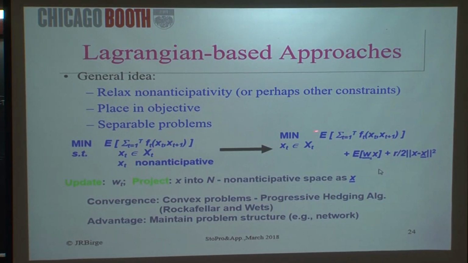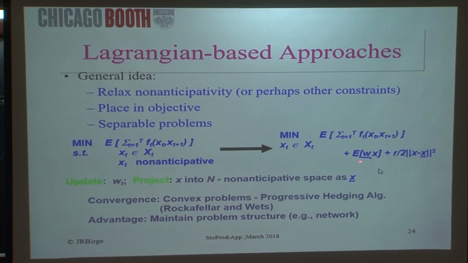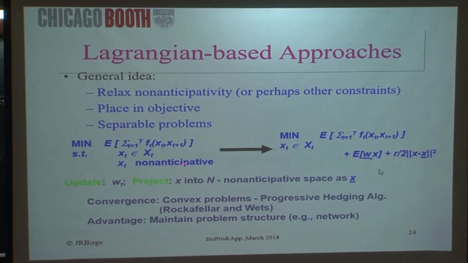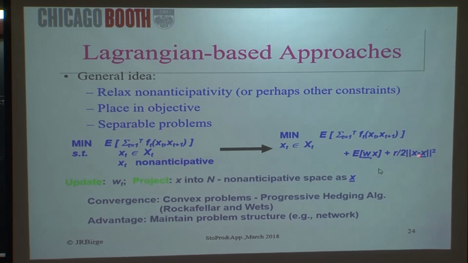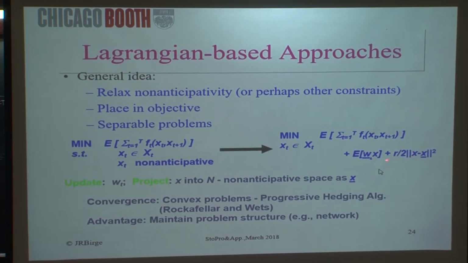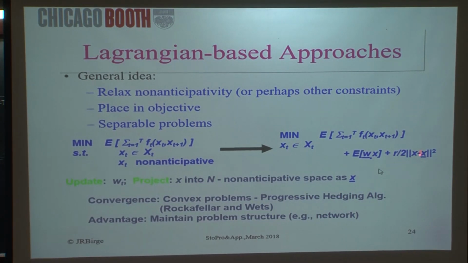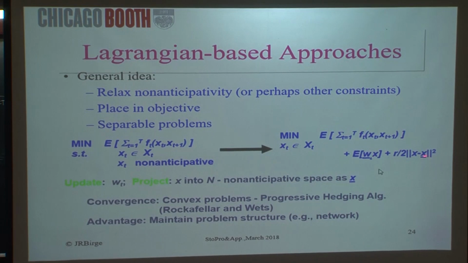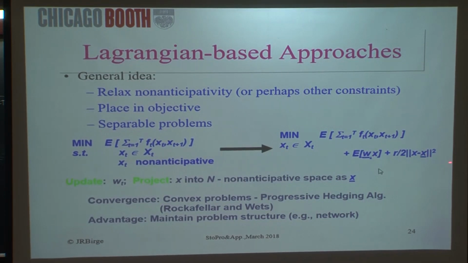So one of the methods is you solve this Lagrangian problem where you have a set of multipliers associated with this constraint, and then you have a penalty term between x and some previous iterate that satisfied all the constraints.